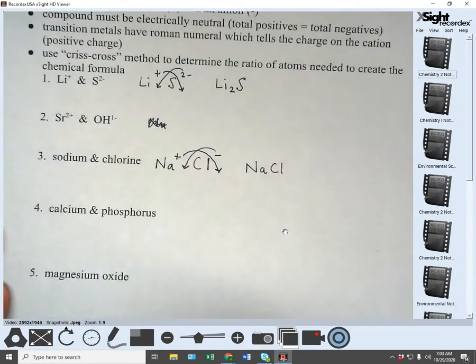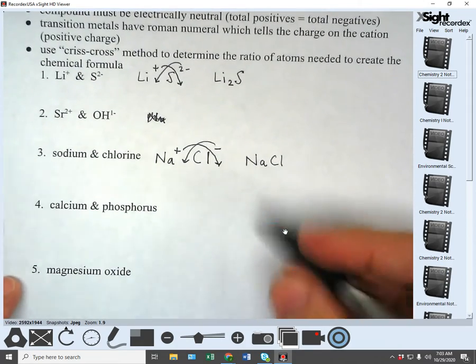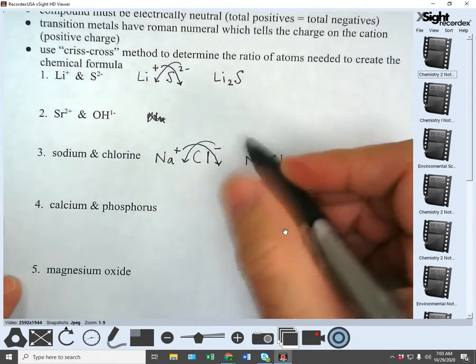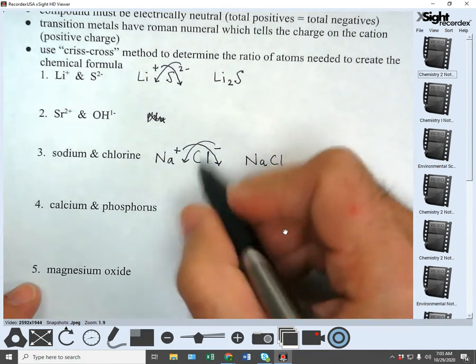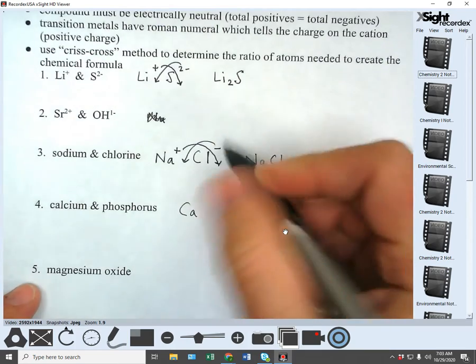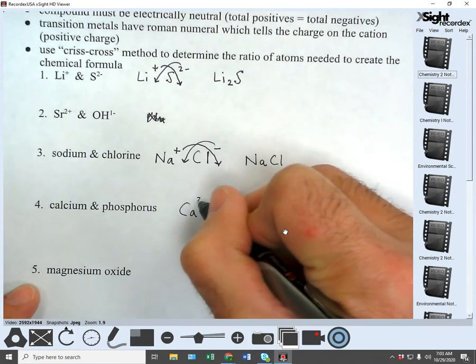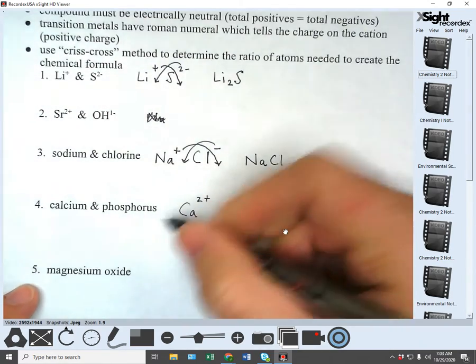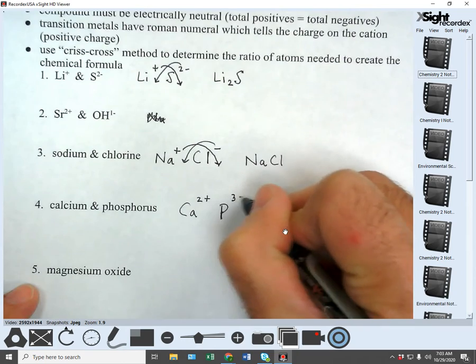Let's take a look at number 4 here, calcium and phosphorus. So calcium, Ca, again, off the periodic table, I find out that calcium is a +2, 2+. Phosphorus is P, 3 negative.